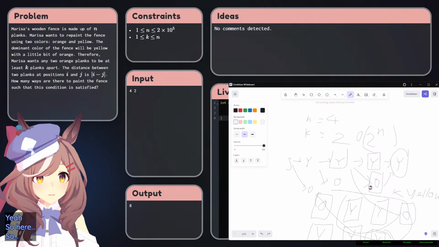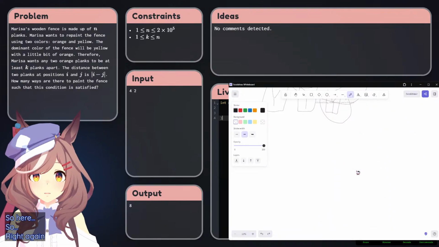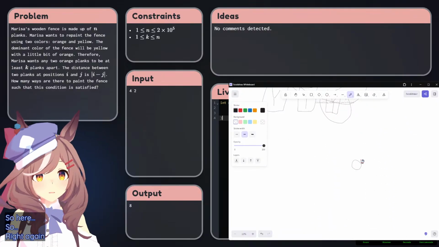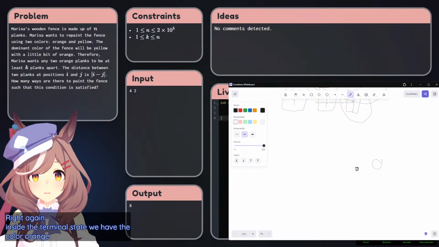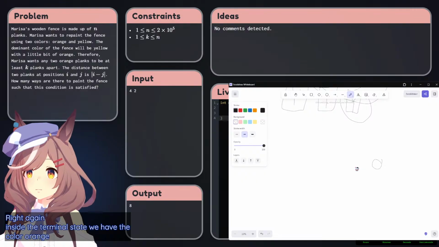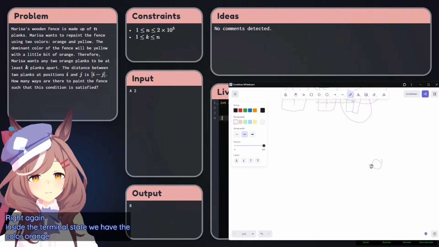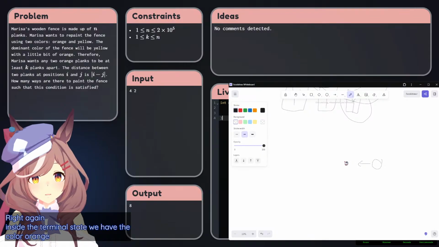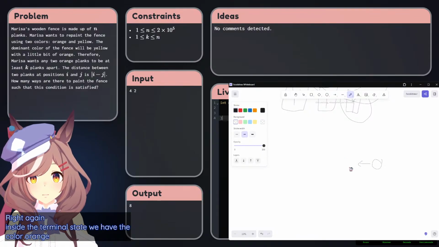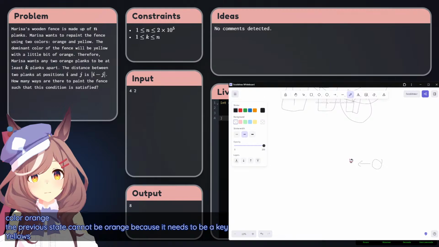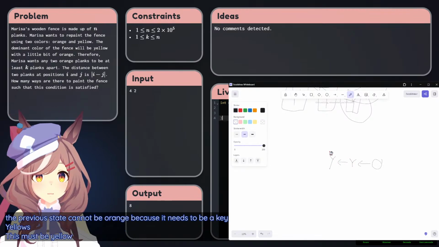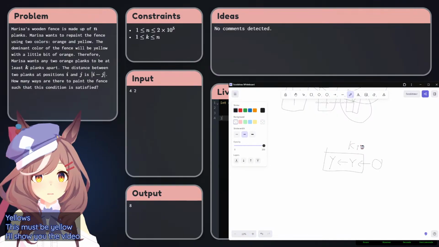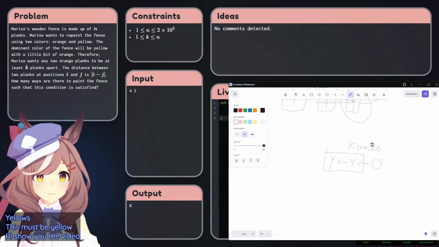Let's draw it again. Let's say that at the terminal state we have the color orange. Then the previous state cannot be orange because it needs to be a k-yellow part. So this must be yellow, and must also be yellow here.